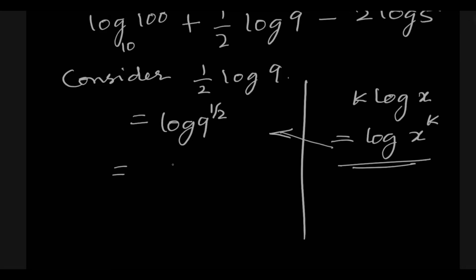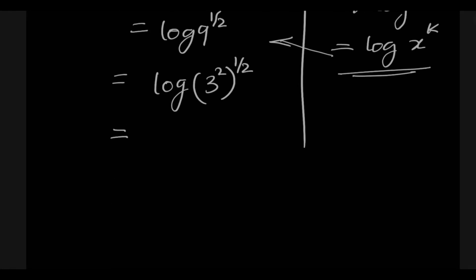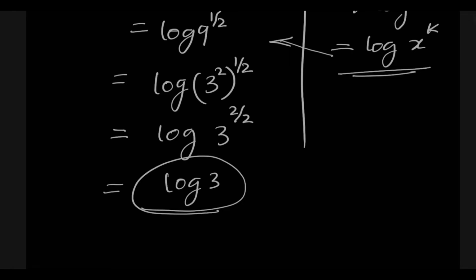Log 9 can be written as 3 square, and half I have written as it is. So what does that simplify to? Log 3 to the power 2 by 2, which is equal to log 3. So the second term is reduced to log 3.